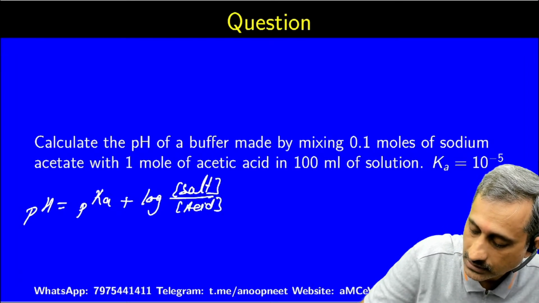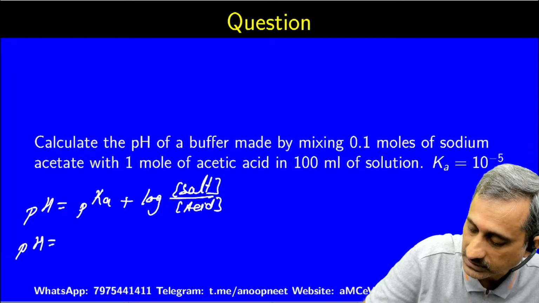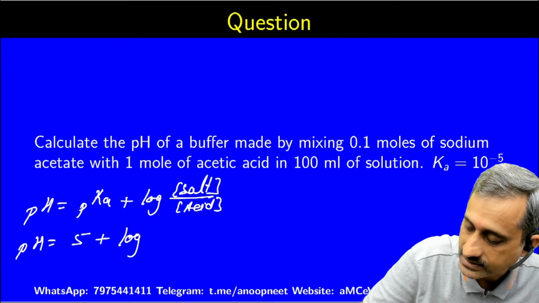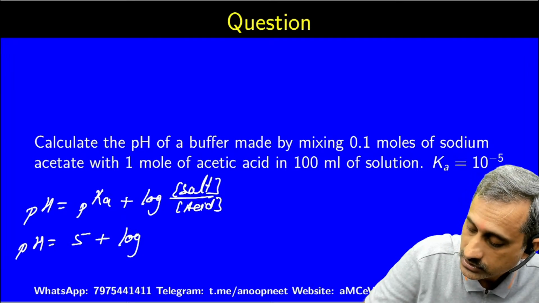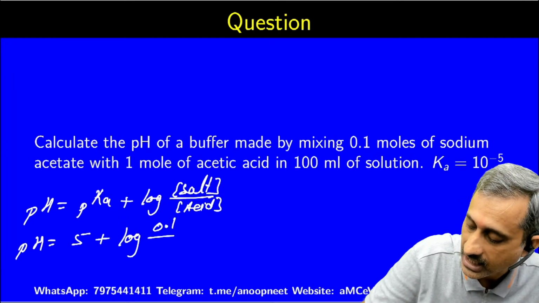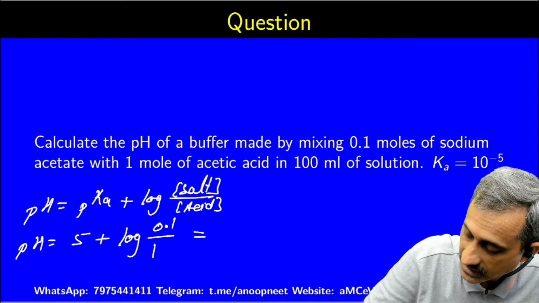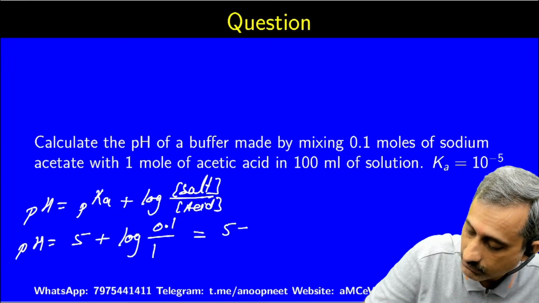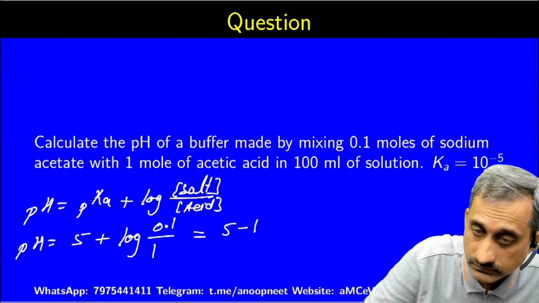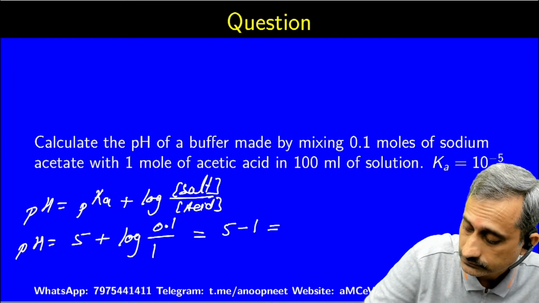Now the pH will be equal to pKa, which is 5, plus log of the concentration of the salt. Salt is 0.1, acid is 1. So that will be equal to 5 minus 1. The answer is 4.